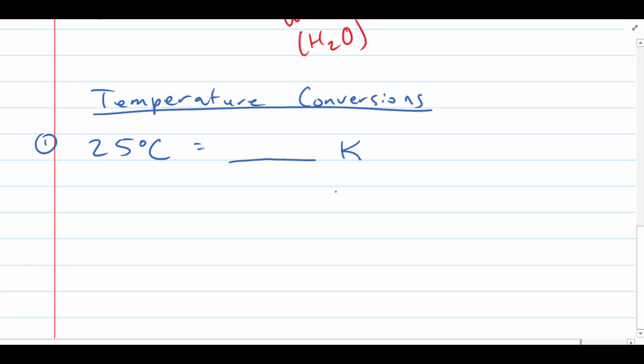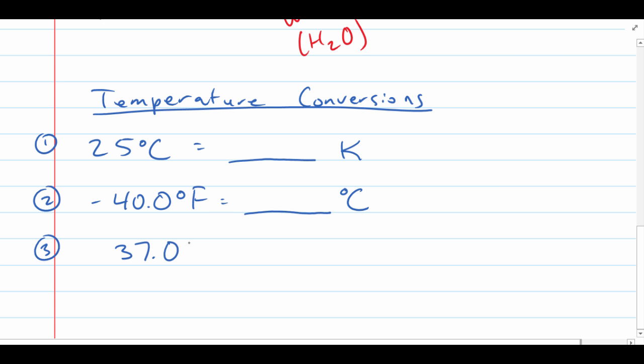Second, we'll take negative 40.0 degrees Fahrenheit and convert it to degrees Celsius. And number 3, we're going to convert 37.0 degrees Celsius to degrees Fahrenheit.